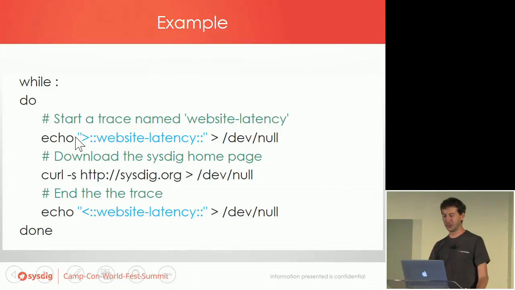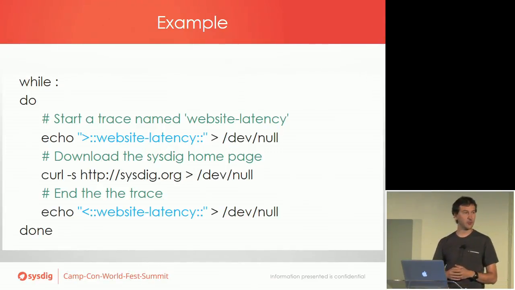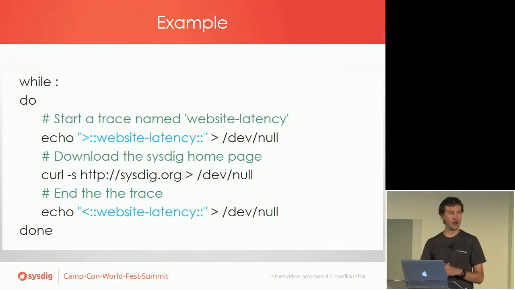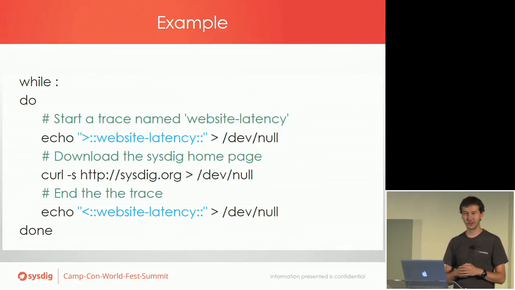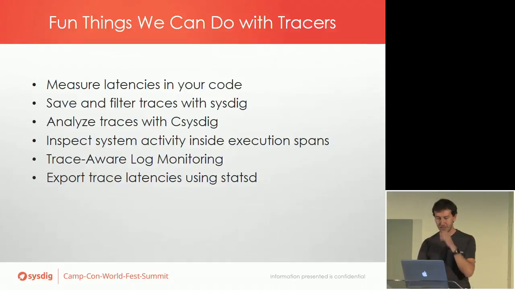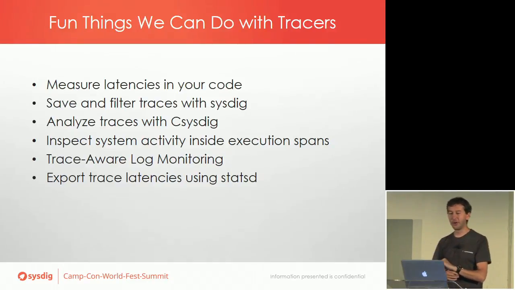Essentially we start a span just before the curl, and we close that span when the curl is done. So we are measuring in a loop how long it takes to download the sysdig.org web page.